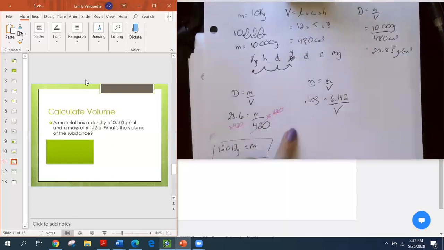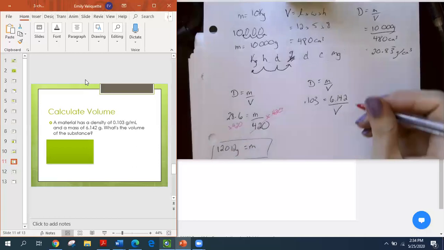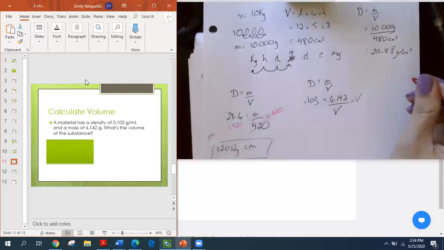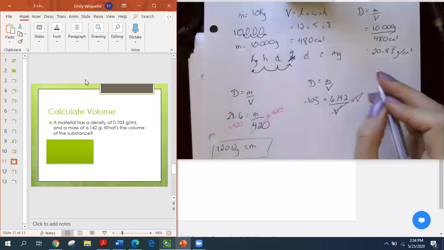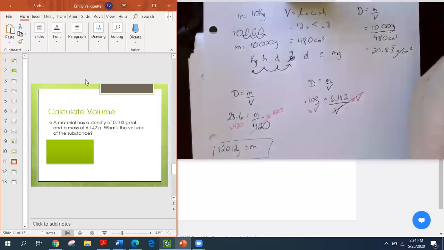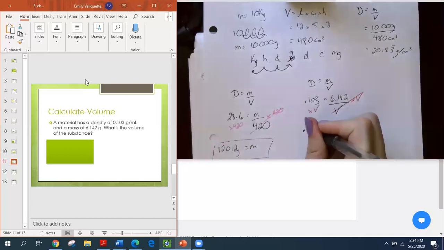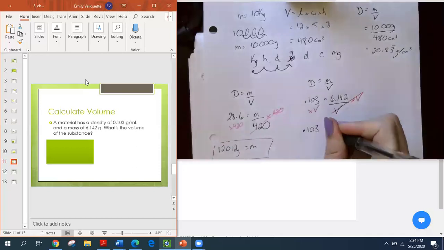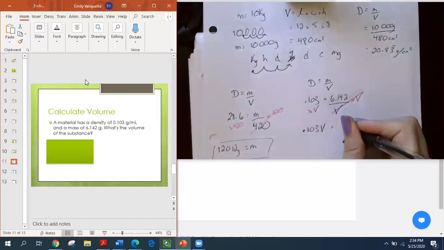Well, this time our variable is the thing on the bottom, but it still has to be the thing to move. So I'm going to multiply by v to cancel it out, and also multiply the other side by v. That is going to leave me with 0.103 times v equals 6.142.